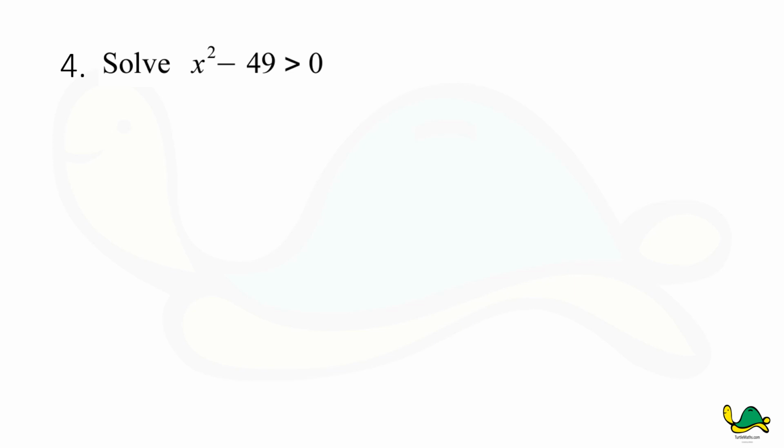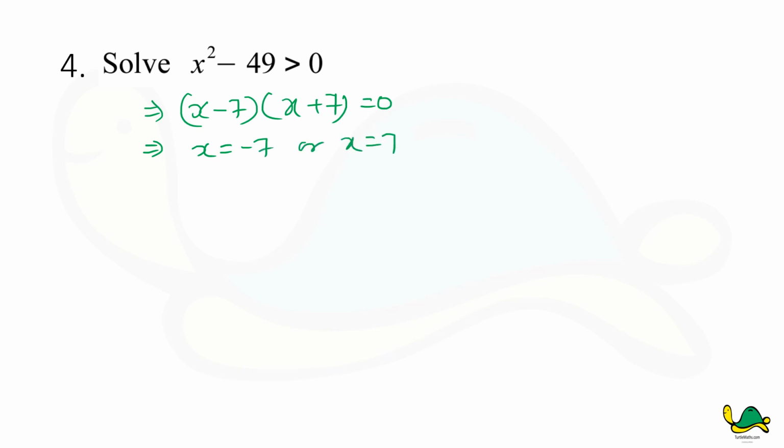Alright, so I can apply the difference of squares factorization method. So it is x minus 7 times x plus 7, and let's equate it to 0. That will give me x is either equal to negative 7 or x is equal to positive 7.